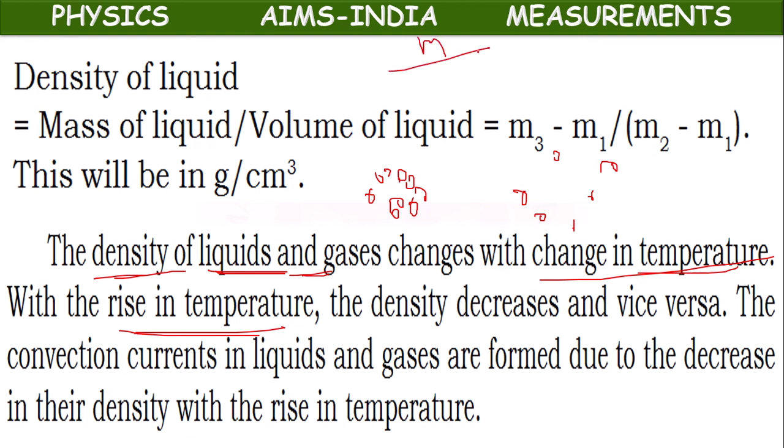Mass will be the same, but volume will increase. So if volume increases, this ratio value, which is the density, will decrease. Density will decrease, and vice versa. If there is a fall of temperature, density will increase.